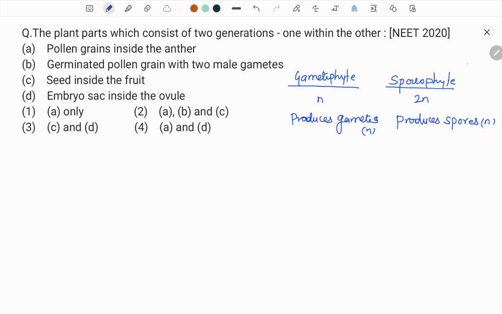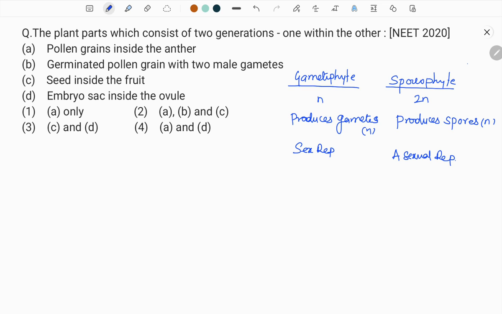Generally, in every sexually reproducing organism, gametes are haploid and spores are also haploid. The main function of gametophyte is to perform sexual reproduction, whereas the main function of sporophyte is to perform asexual reproduction. Now I think it's very clear.